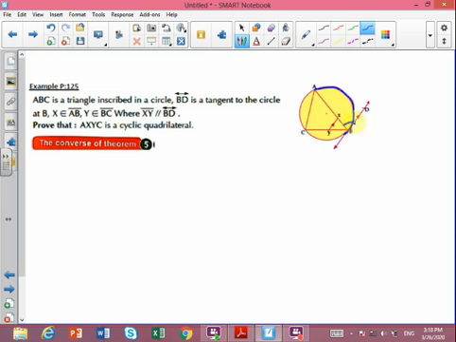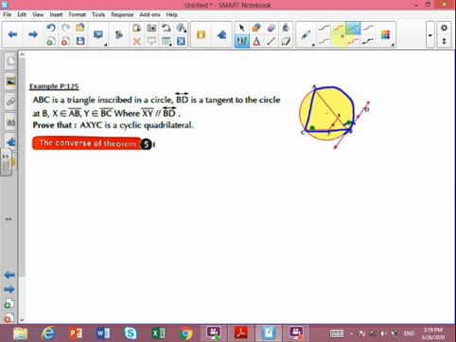The angle of tangency has this arc. Where is the inscribed angle for this arc? ACB. So angle ABD, this angle of tangency, equals ACB, the inscribed angle. And also I have here what? I have here parallelism. What is the parallelism? XY parallel to BD and AB is the transversal.